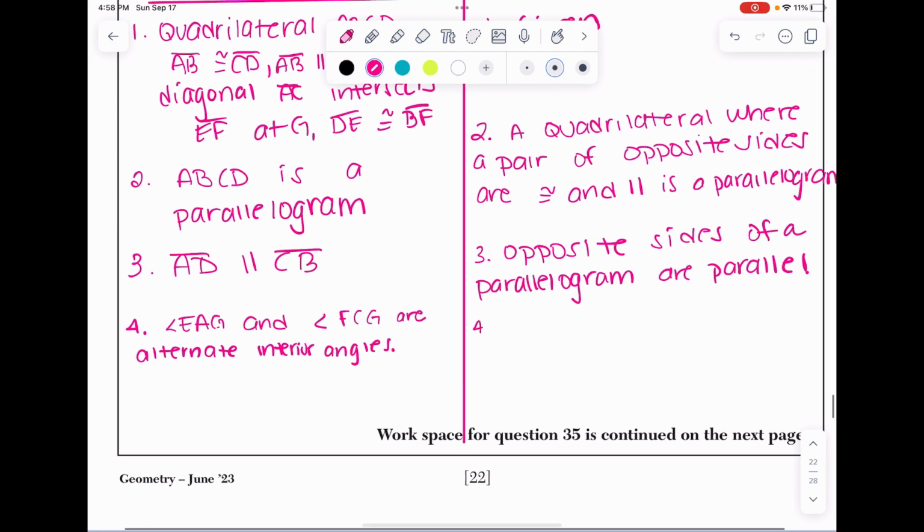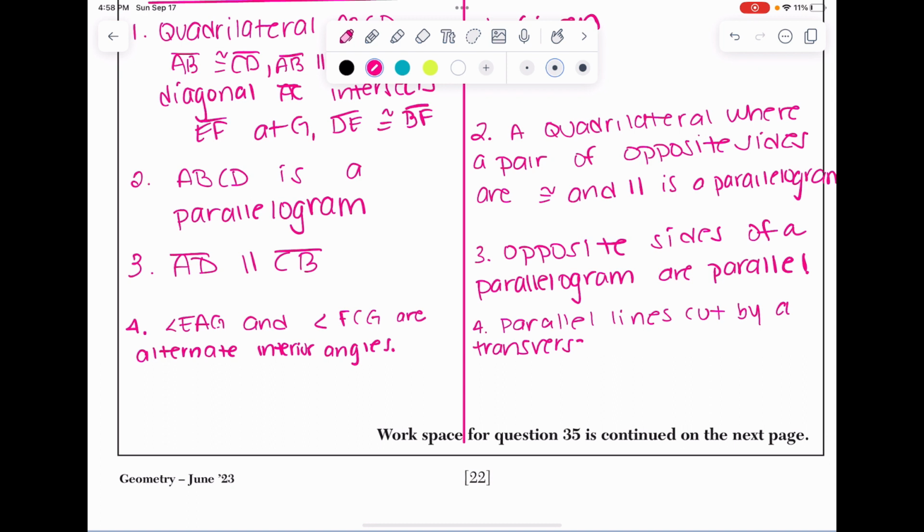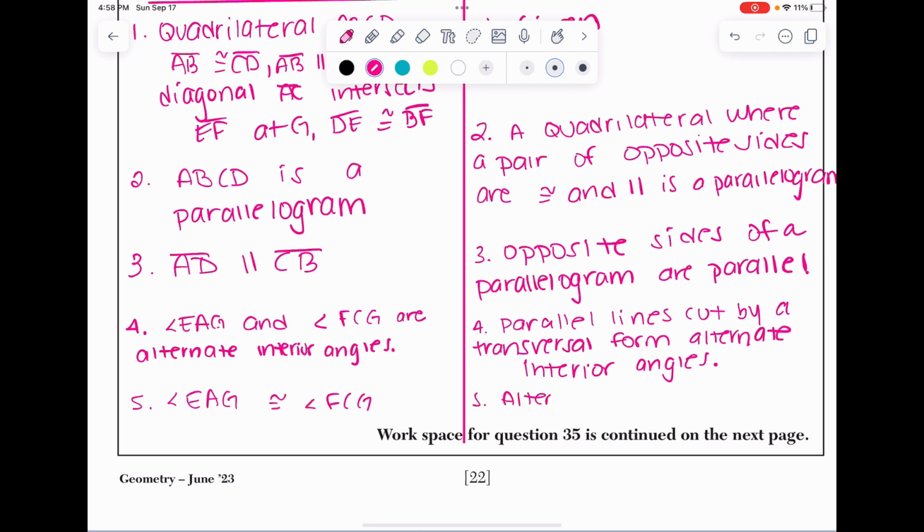My reason is parallel lines cut by a transversal form alternate interior angles. Then I'm going to say they're congruent. Angle EAG is congruent to angle FCG because alternate interior angles are congruent.